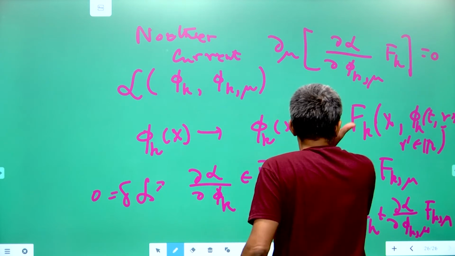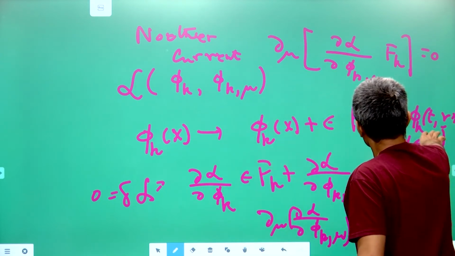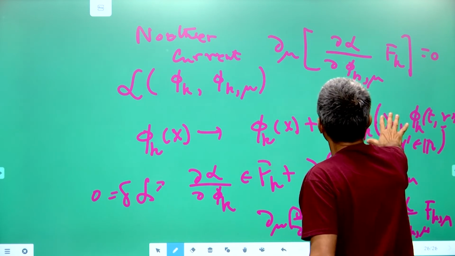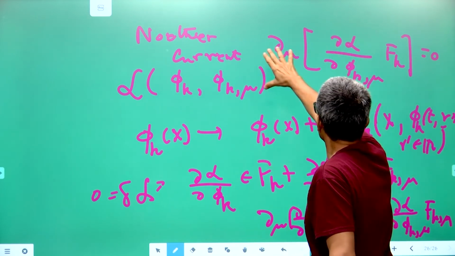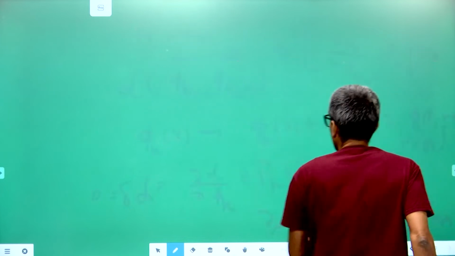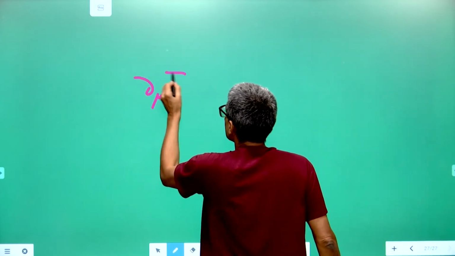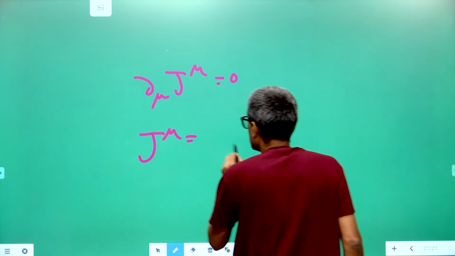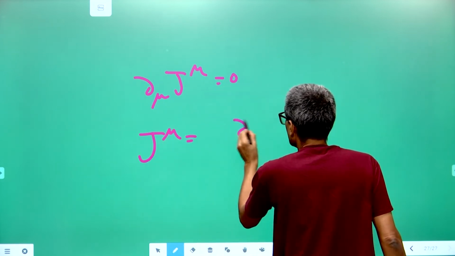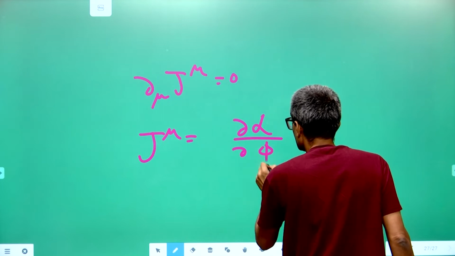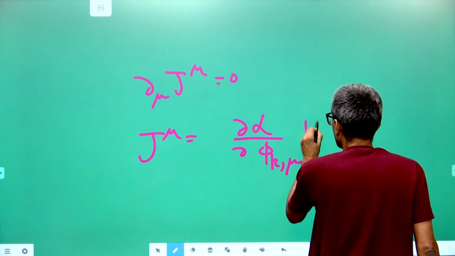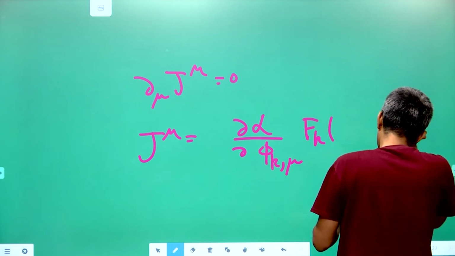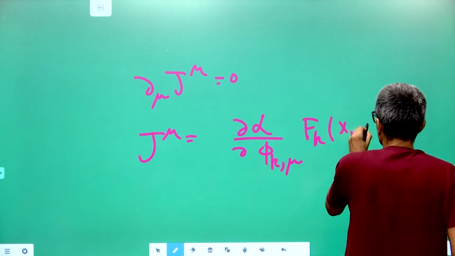So corresponding to this group of transformations of the field space which leave the Lagrangian invariant, I have a conserved current. Its divergence is 0. So you can write this as ∂_μ j^μ is 0, where j^μ is the conserved current. So j^μ is the Noether current, which is equal to ∂L/∂φ_k,μ into f_k of x, φ.